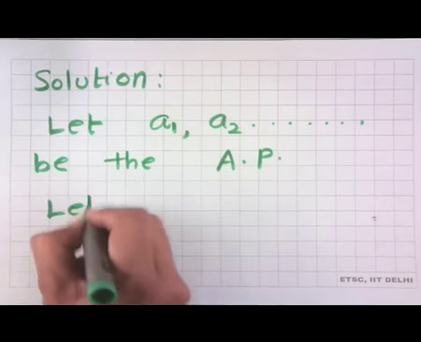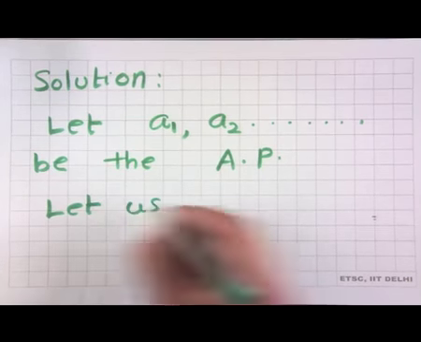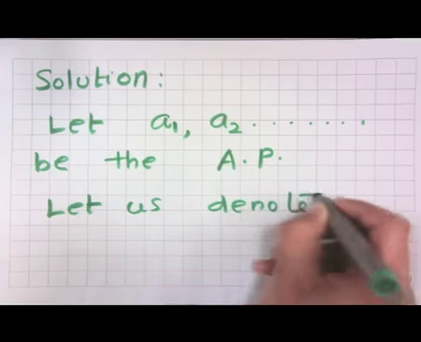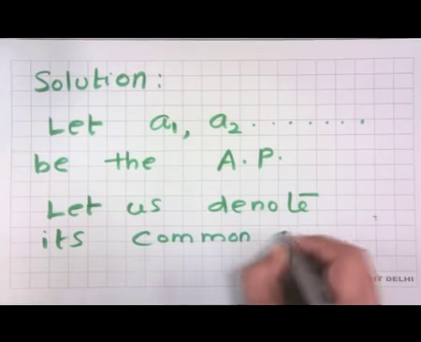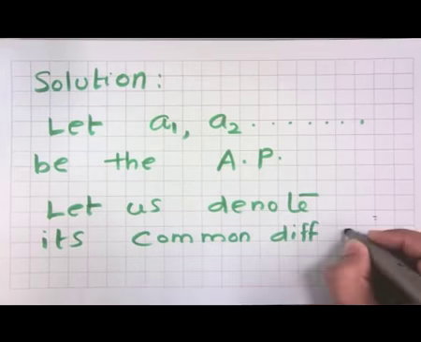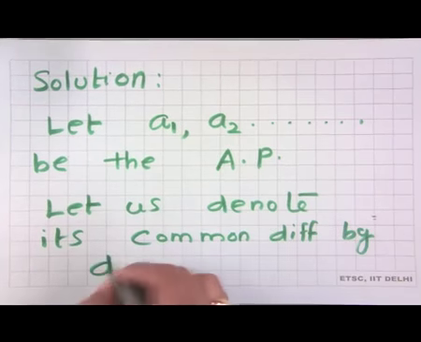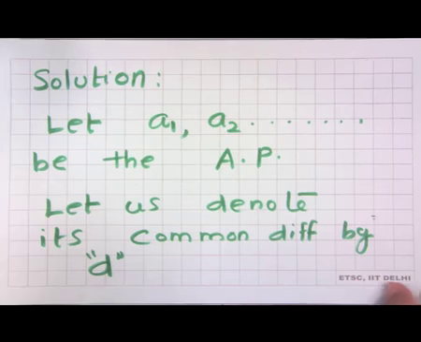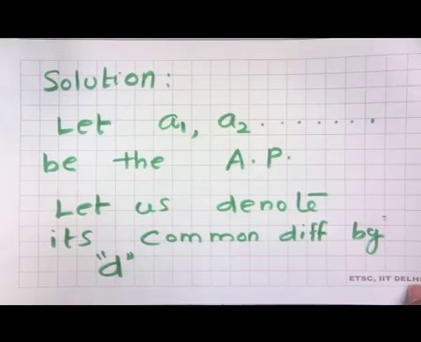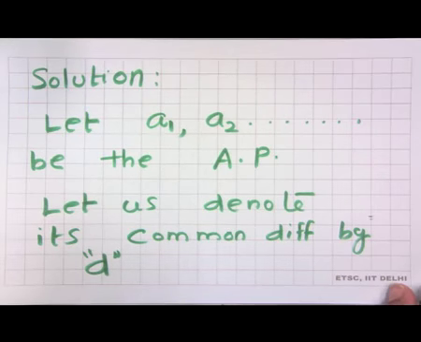Let us denote its common difference by the symbol D. So, note that the arithmetic progression under consideration has first term A1 and common difference D. Now, let us try to translate the given information using this symbol.